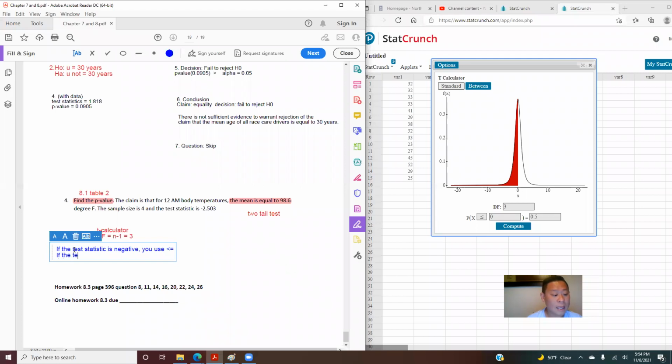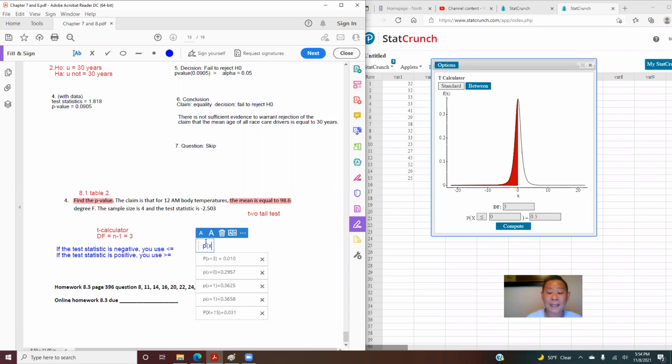If it's positive, you will use greater than or equals to. Okay, and then we will put this test statistic in here, negative 2.03. So in this case, you have to take P(x less than or equals to negative 2.503), because it is negative, and you make this blank.